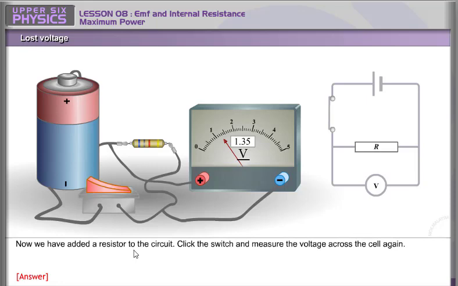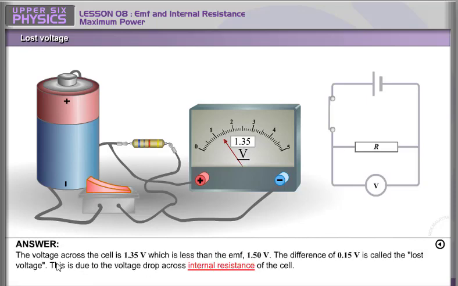If we are going to draw this in the form of a circuit, this is how we draw it. There is the cell, then we have the resistor which is in parallel, and the voltmeter. The reading is 1.35.